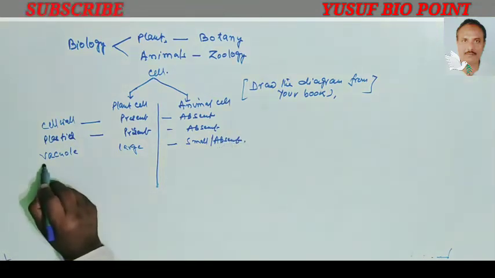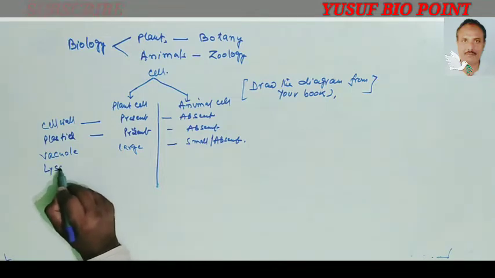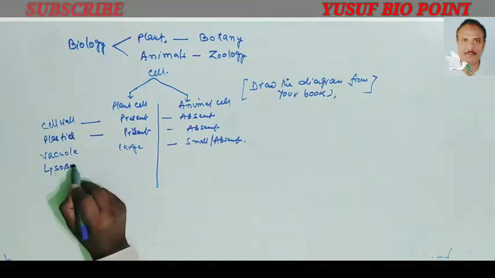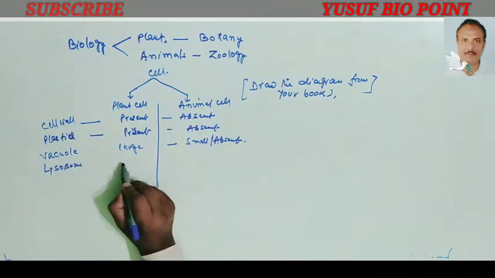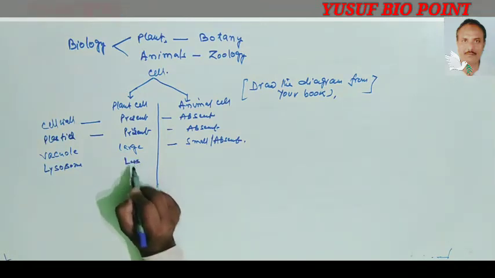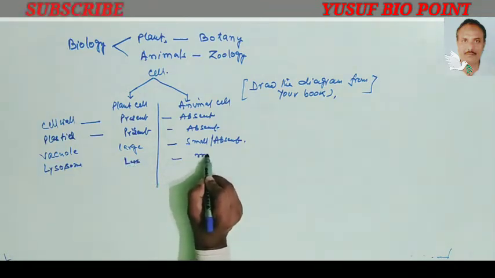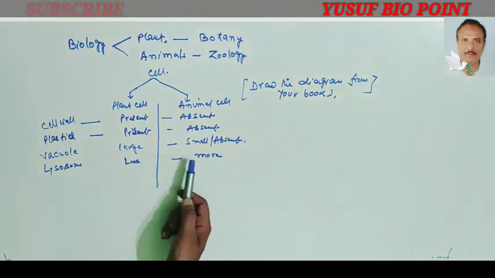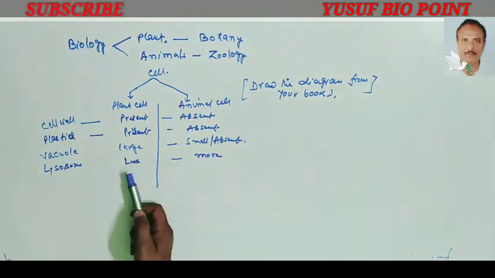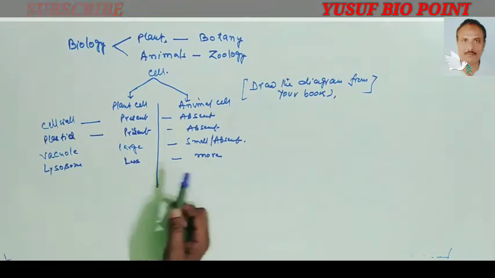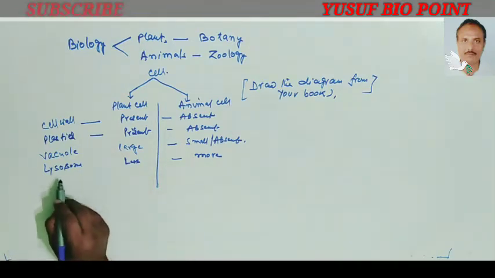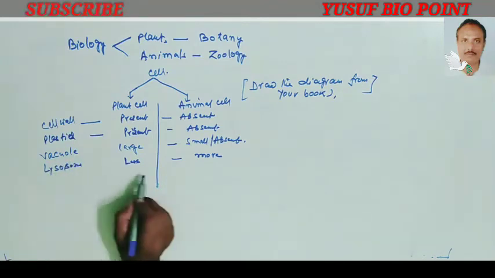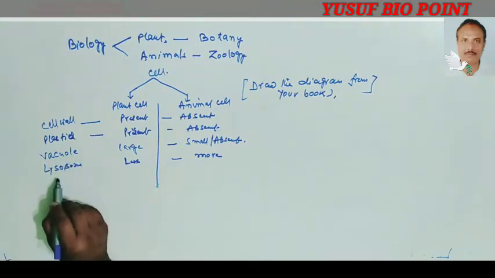Next one is very less in number here, and more in number here. It is found in greater amount here and in low amount there. Next one is lysosomes.